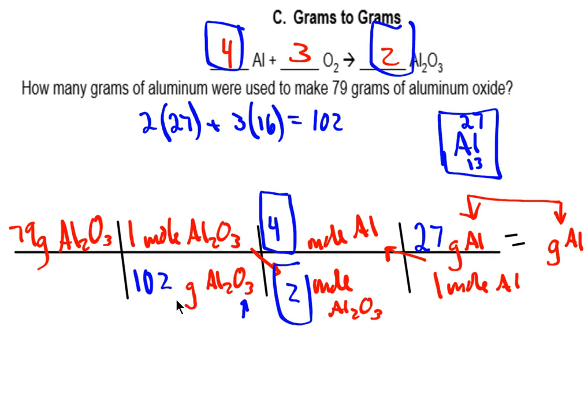So, personally, I would for sure reduce this. 4 over 2 is easier to type into your calculator if it's 2 over 1. Right? So here we go. 79 times 2 times 27, and I divide that by 102.